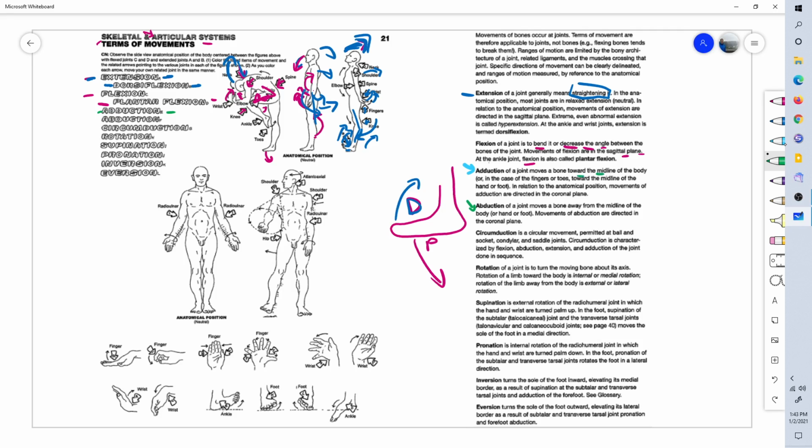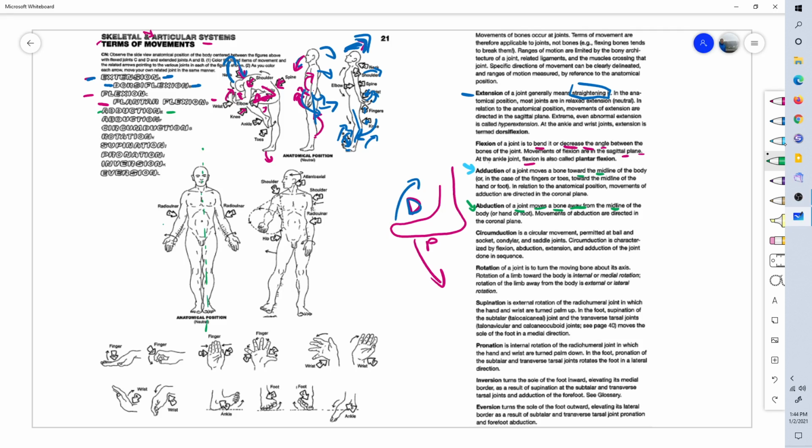So let's start with abduction. Abduction is a better place to start because it moves the bone away from the midline of the body. Here's the midline of the body, right?